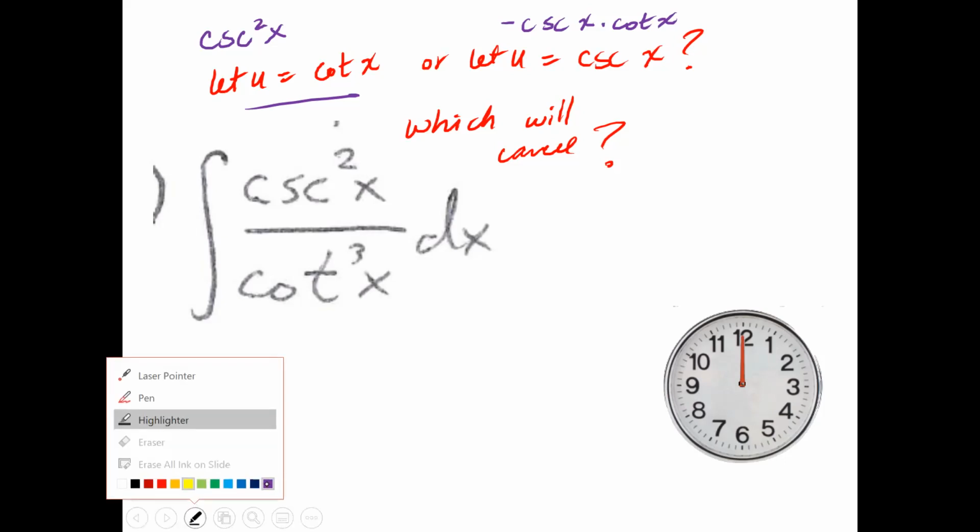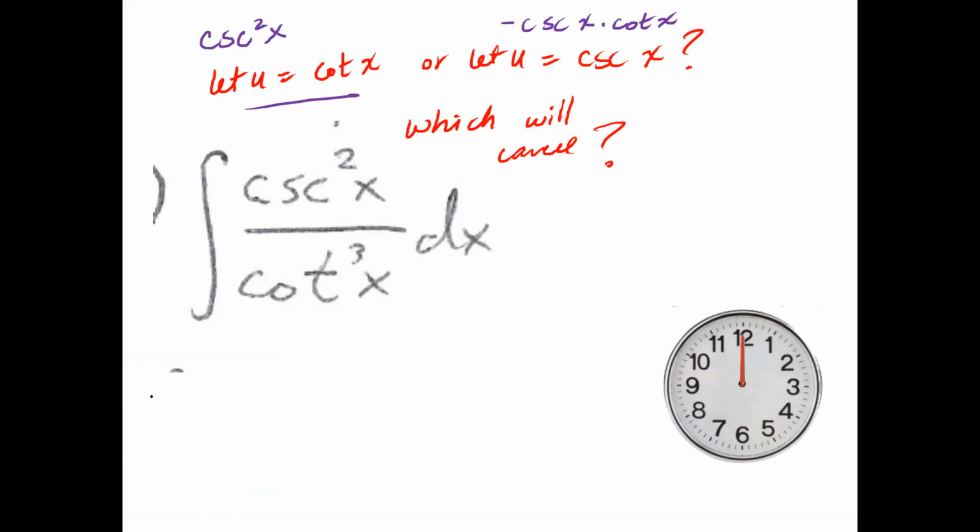So let's go ahead and say let u be cotangent x. Your du, derivative of cotangent, is negative cosecant squared x dx. And then, of course, your dx is equal to du over negative cosecant squared x.